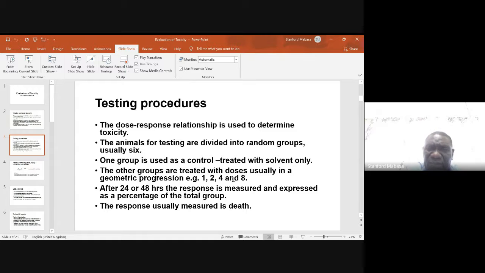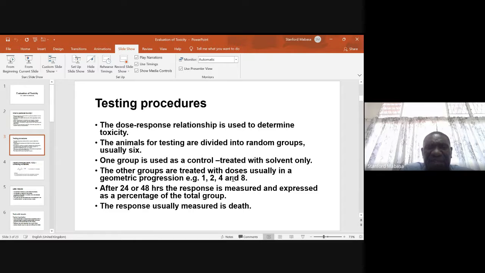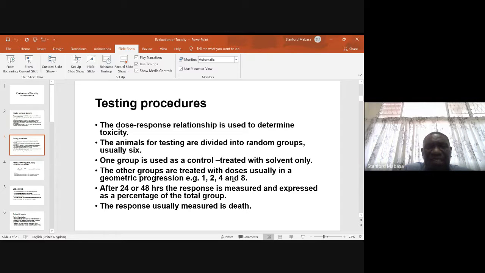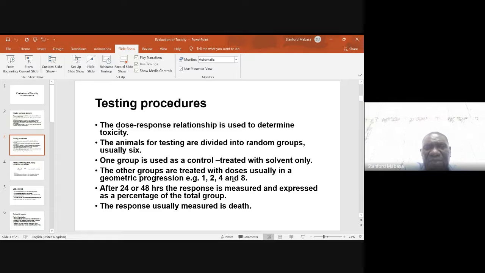The dose-response relationship is the one which is used to determine toxicity. So it's simply a graph where on the x-axis you have the pesticide concentration, and on the response, the y-axis, you have the percentage death of the animals under test.